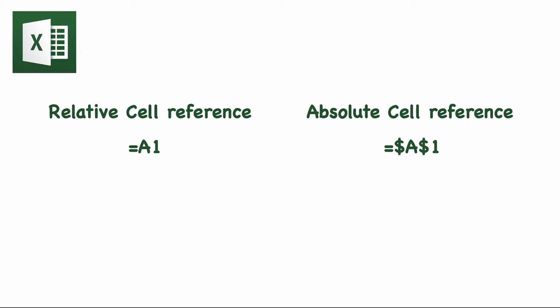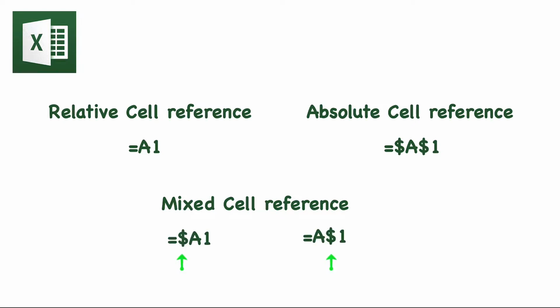An absolute cell reference is easy to identify because we'll have the currency symbol in front of the column and row of the cell address. There could also be mixed cell reference using these concepts, if only the column or the row are made absolute.